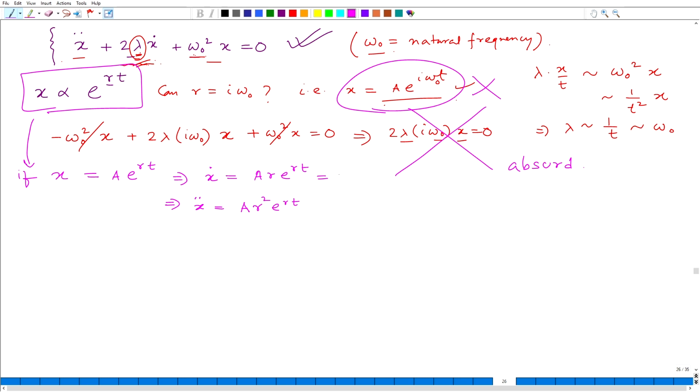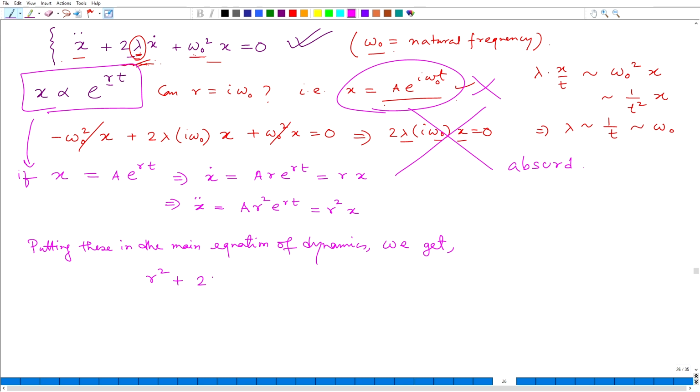So, you can always write r times x, and here r squared times x. Putting this in the main equation of dynamics, we get r square plus 2 lambda r plus omega 0 square is equal to 0.